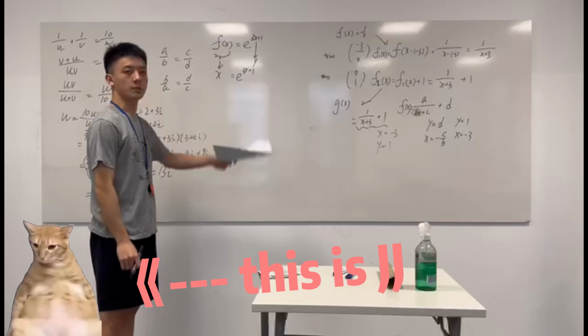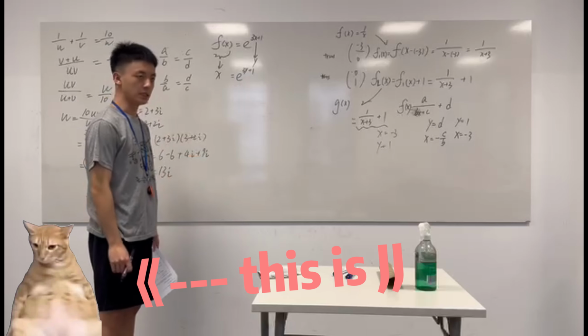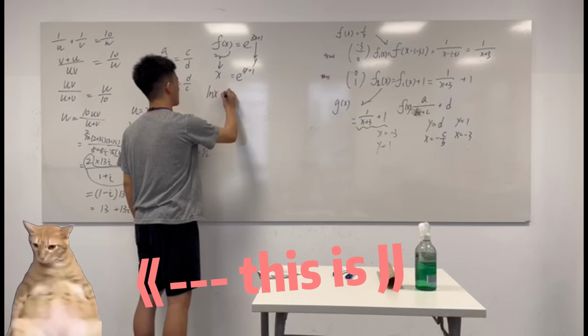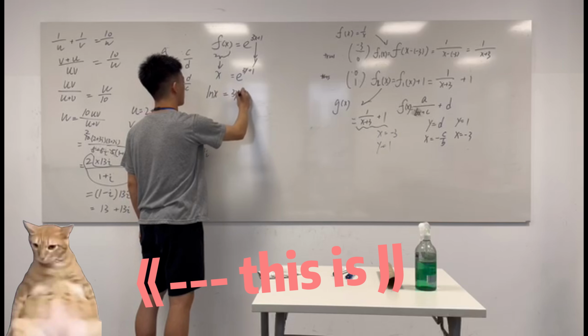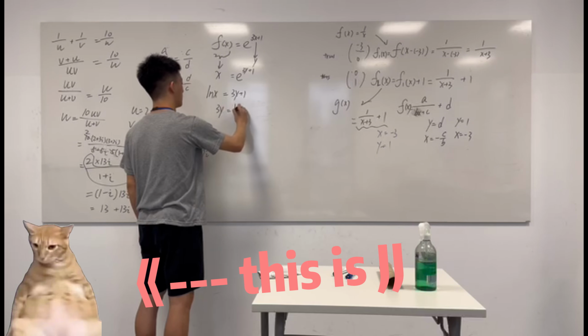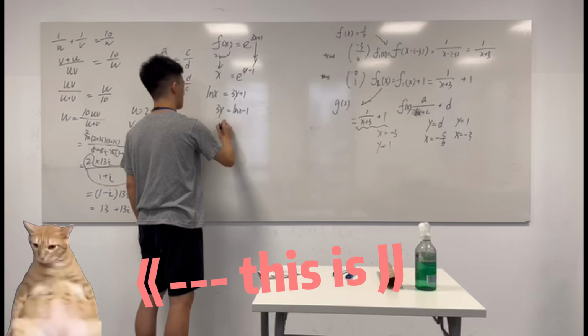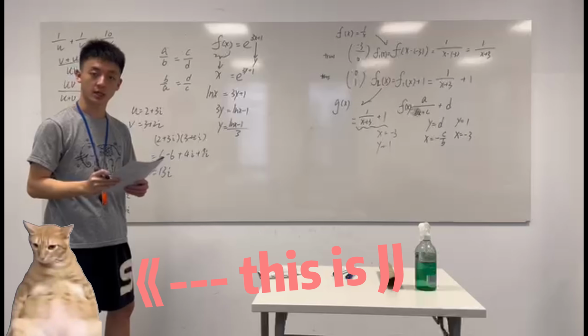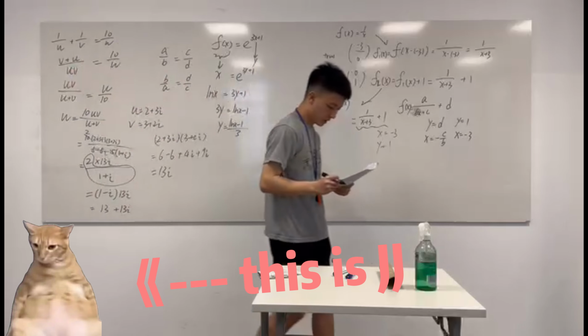Oh, e usually disappears. So let's use ln. So ln x is equal to 3y plus 1. And 3y is equal to ln x minus 1. So y is equal to (ln x minus 1) over 3. Oh yeah, that's good. So let's continue.